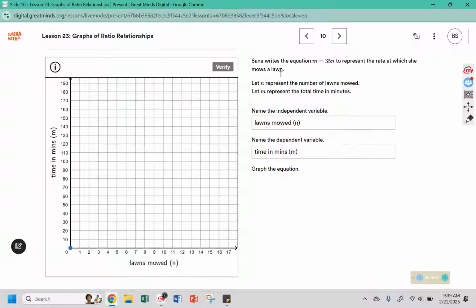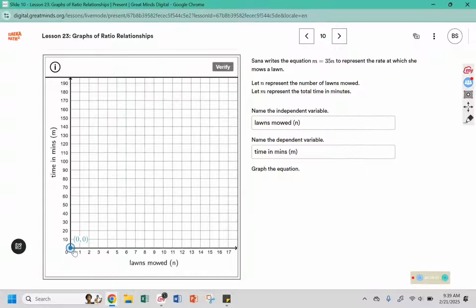So if we had 1 lawn mowed, it would take Sana 35 minutes because 1 times 35 is 35. 2 times 35 is 70. So if we put 2 lawns mowed, it would take 70 minutes. 3 times 35 is 105. 4 times 35 is 140.